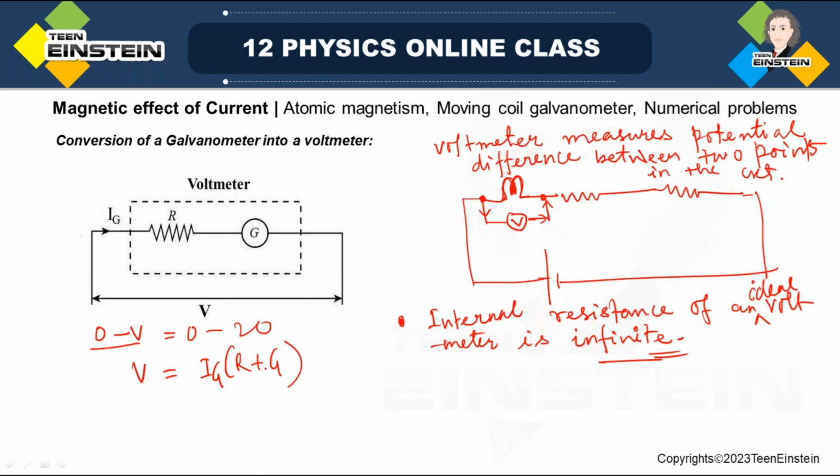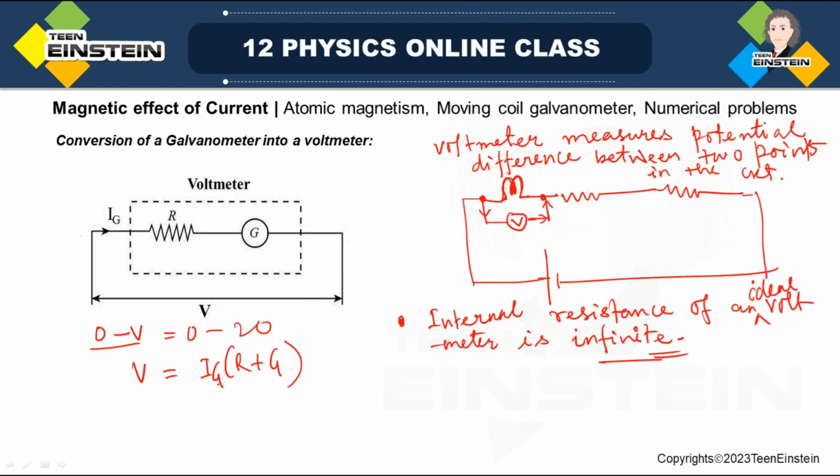So if you know this galvanometer resistance and the allowed current through the galvanometer, then you can easily find out the required resistance of the resistor using this.